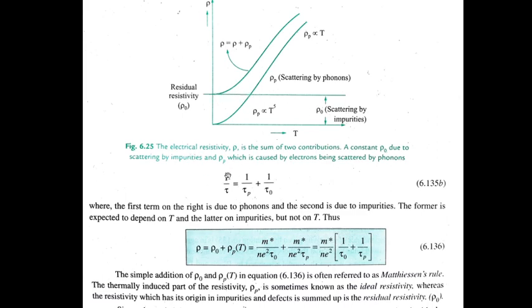Anyway, 1 over tau is basically the summation of two components. One is 1 over tau 0, because of the impurity, whatever variations come into the relaxation time, and the second part is the relaxation time because of the phonon. So I am adding these two components to the resistivity part.